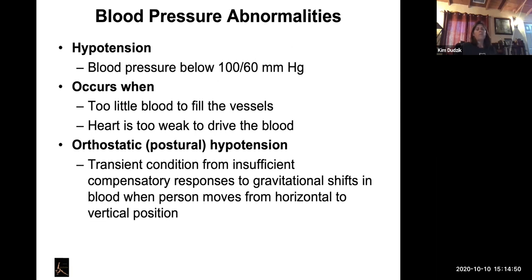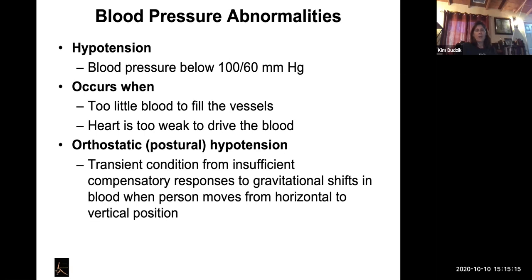It's from if you're laying down for a long time, maybe we're all doing this during the pandemic, hanging out in your bed a lot, going to class in bed. When you stand up real fast and you get low blood pressure, you get dizziness. That gravitational shift in blood occurs because you move from horizontal to vertical.